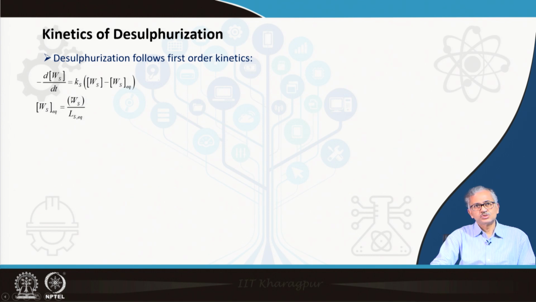So it is the concentration of sulfur in the slag phase divided by the equilibrium partition coefficient, because that is the definition of the equilibrium partition coefficient, LS equilibrium. So the corresponding equilibrium concentration in the metal phase can be given by Ws by LS equilibrium, right.